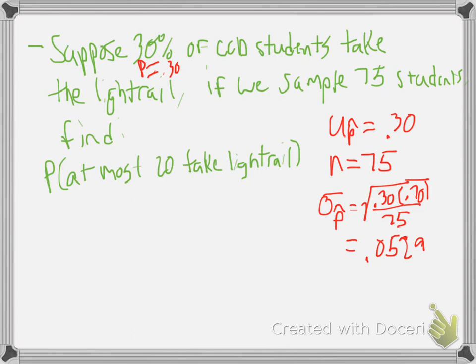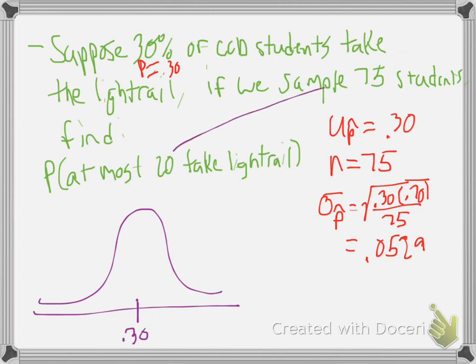Okay, so we need to draw a bell curve with our mean in the center, which is 0.30. It says find the probability of at most 20 taking the light rail. Remember, this is 20 out of 75, so that's our p-hat.